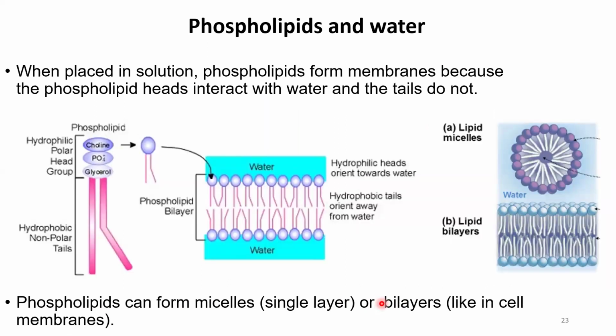So with phospholipids and water, when placed in solution, the phospholipids form membranes where the phospholipid heads, like these phosphate heads, end up interacting with the water, whereas the fatty acid tails end up facing the other set of hydrophobic tails.